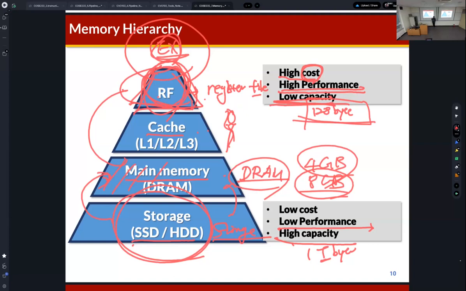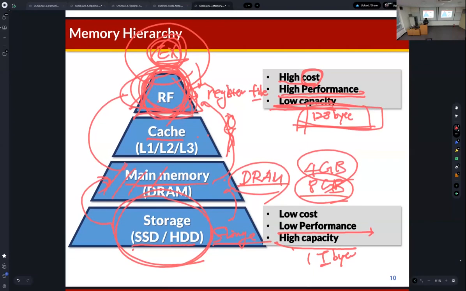So a small amount of data is transferred to the register file, and then this small amount of data is quickly accessed by the processor. Okay, and then this data is used for executing instructions.